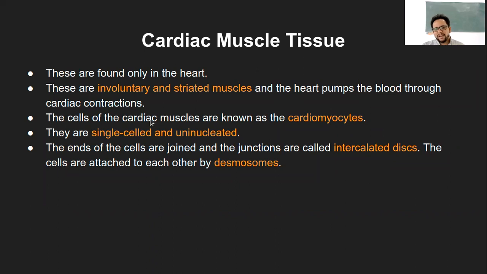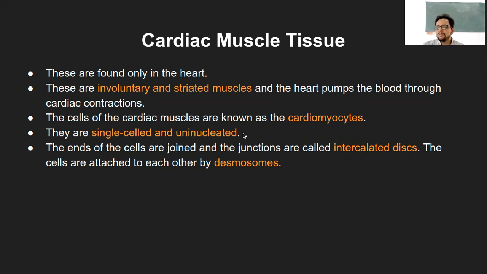The cells of these cardiac muscles are known as cardiomyocytes. Cardio relates to the heart, myo refers to muscle, and cytes refer to cell. So a heart muscle cell is nothing but a cardiomyocyte. And these are single cell and uninucleated.